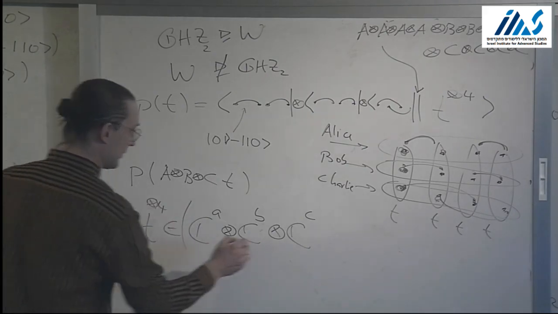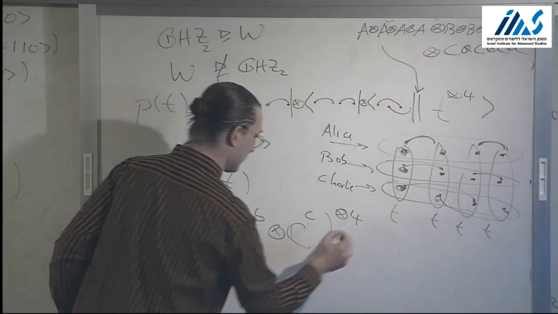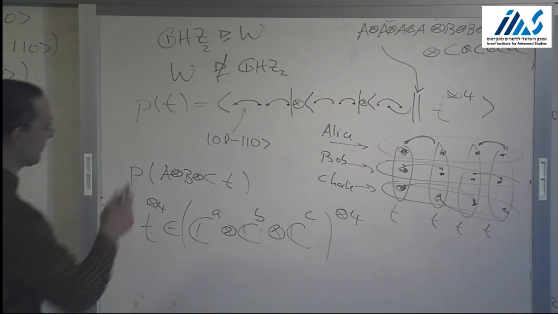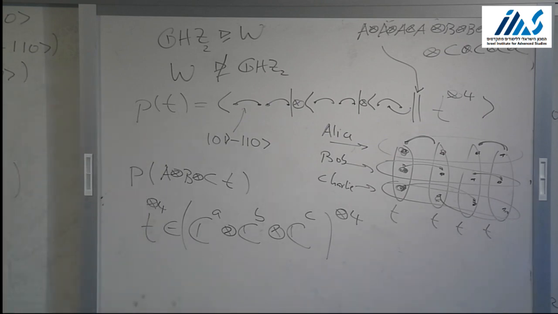The number of variables is A times B times C, and the degree of the polynomial is 4.